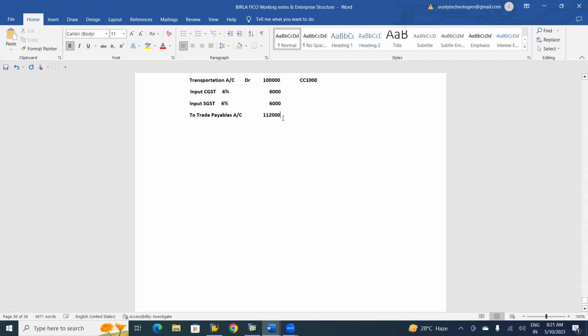In the same way, second line also. Loading charges, 6,000, 6,000.